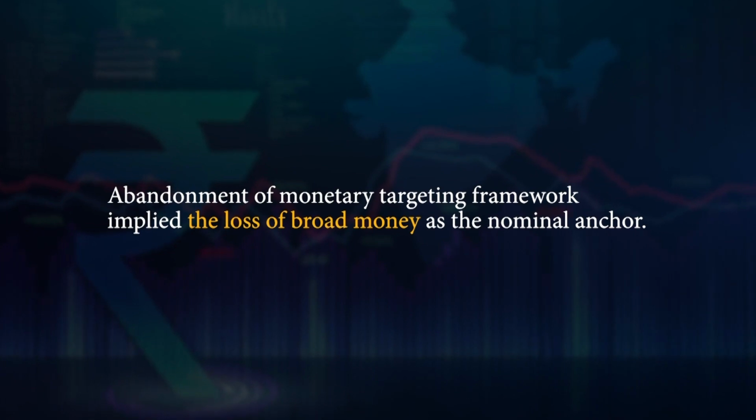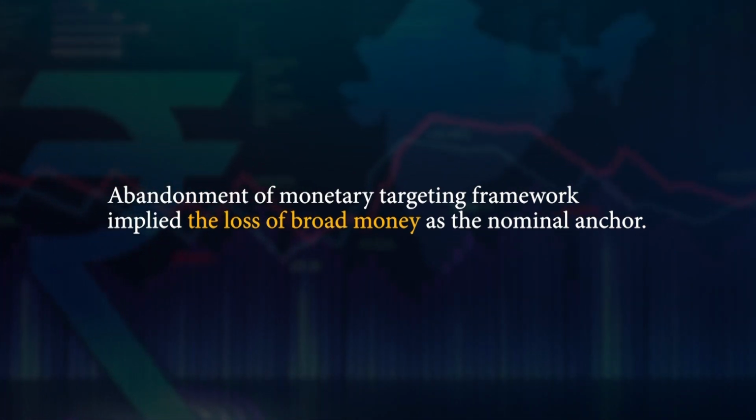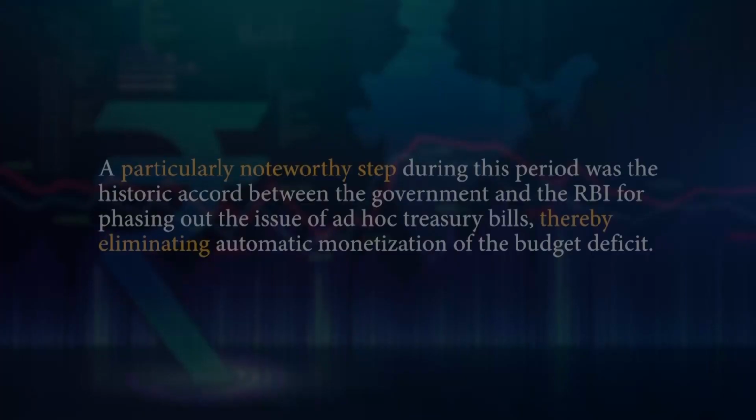Abandonment of the monetary targeting framework implied the loss of broad money as the nominal anchor. The multiple indicator approach is informed by forward-looking indicators since the early 2000s drawn from the RBI Survey of Industrial Outlook, credit conditions, capacity utilization, professional forecasters, inflation expectations, and consumer confidence.